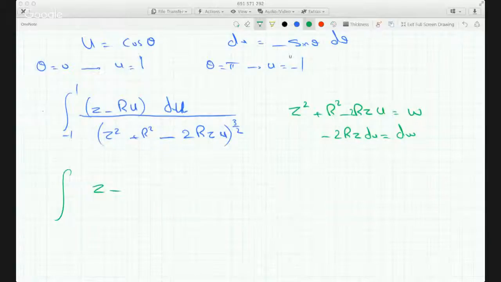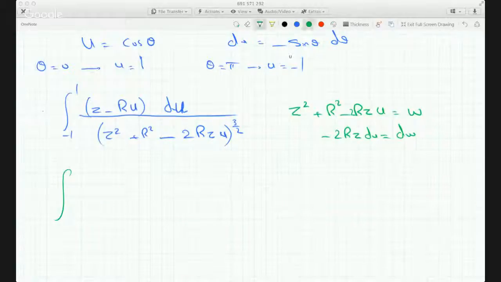So we get z minus r times u. Yeah, it's probably better if we split it.